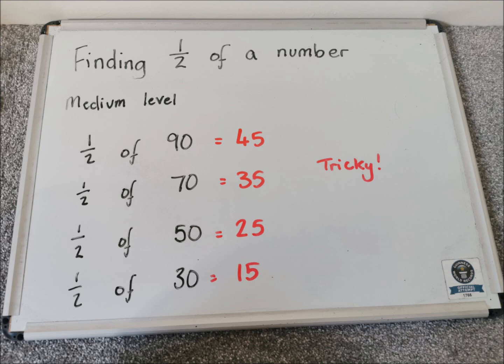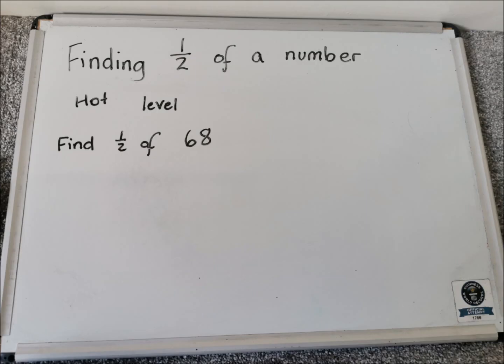Maybe you can make a poster or some flashcards that you can use to help you remember these 4 sums. They will come in really useful when we're doing halving and things like that. It'll make your life a lot easier. So don't worry if you don't know them straight away, we can definitely work them out later on. It is very tricky. Okay, we'll go on to a hot level now.